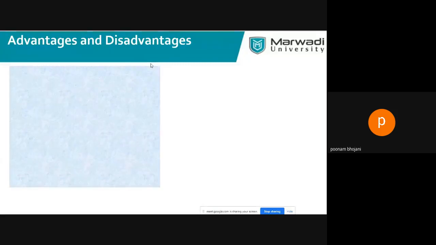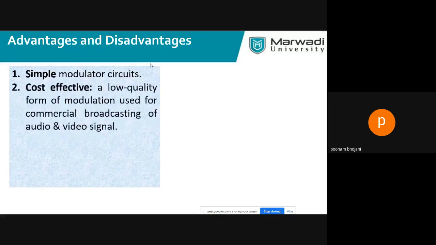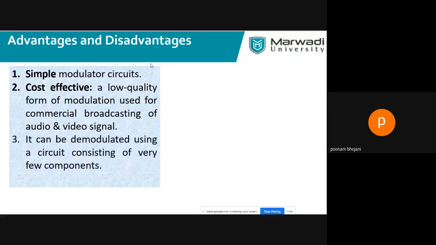Now, advantages and disadvantages of amplitude modulation, you will easily understand. I'm not going deep into it. It is a simple circuit, cost effective. Cost effective means whenever you are broadcasting audio or video signals for commercial use, you can use the low quality form of modulation by using the amplitude modulation technique.